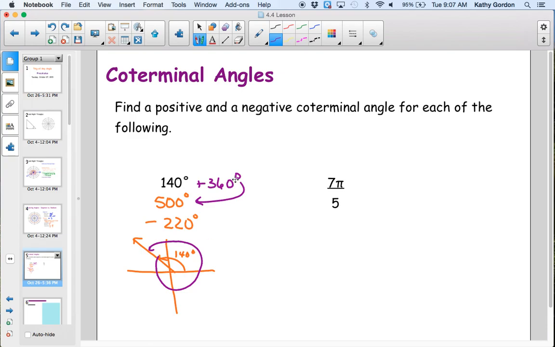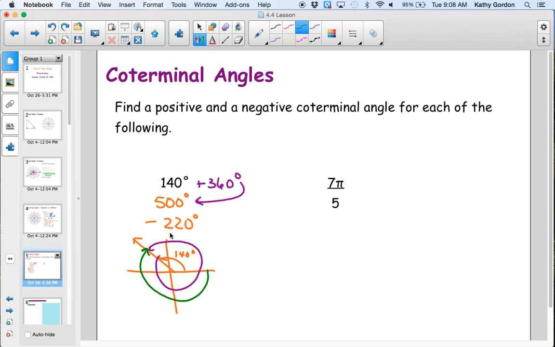But another way that I can get there is to actually say, okay, so let's start here and let's go negative. Let's go clockwise to get to that same spot. Well, in order to figure out how far you went, you're basically saying, well, the whole circle is 360, so let's subtract the 140 from it to figure out how much more I have left for that one.